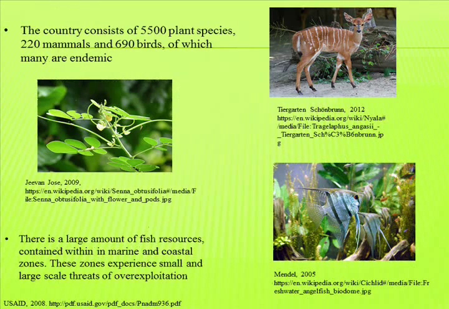The country consists of 5,500 plant species, 220 mammals, and 690 birds, of which many are endemic. There is a large amount of fish resources contained within marine and coastal zones. These zones experience small and large-scale threats of overexploitation.